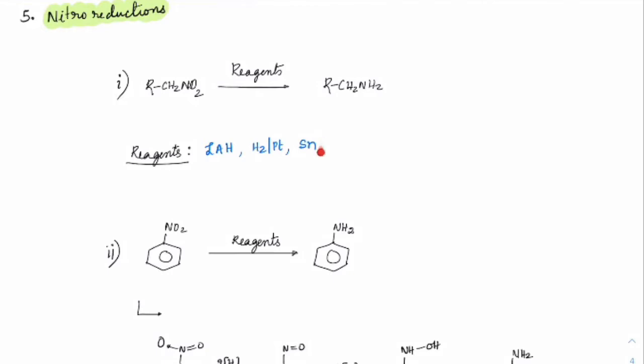Next, Sn in HCl, tin in HCl, zinc in HCl, concentrated HCl, and Fe in HCl.